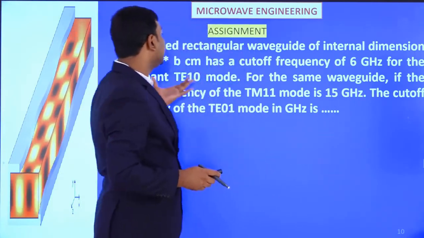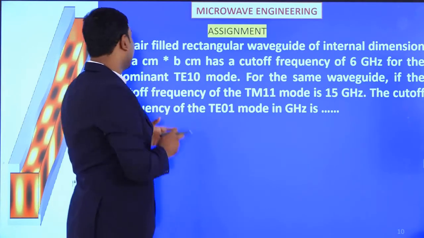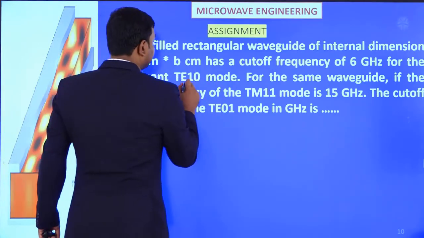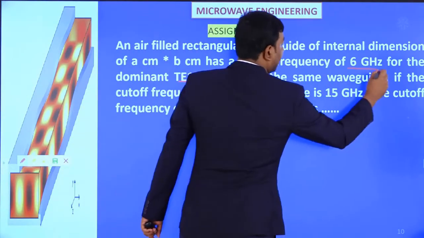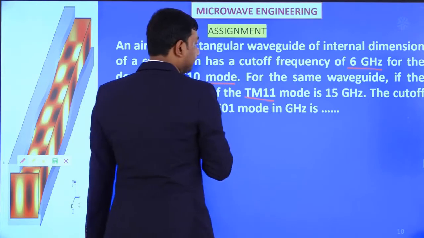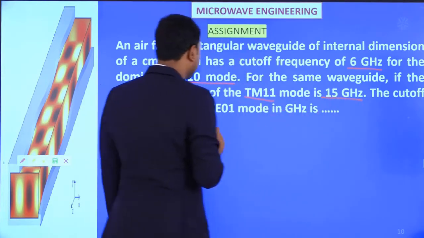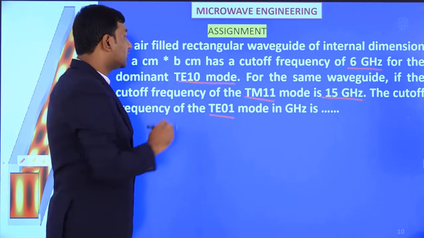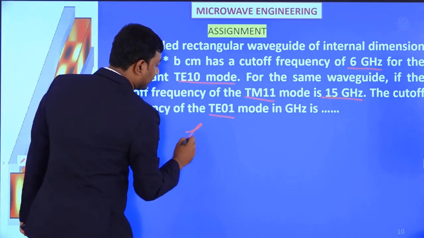Okay, so here the cutoff frequency for TE10 mode is given, as well as the cutoff frequency for TM11, that is 15 gigahertz. So you should find out the cutoff frequency for TE01 mode. Okay. So from the first equation we are finding out the value of FC.